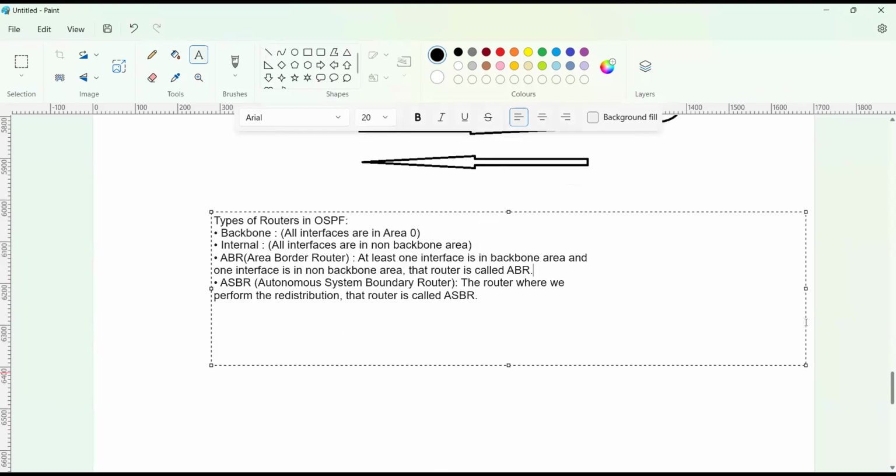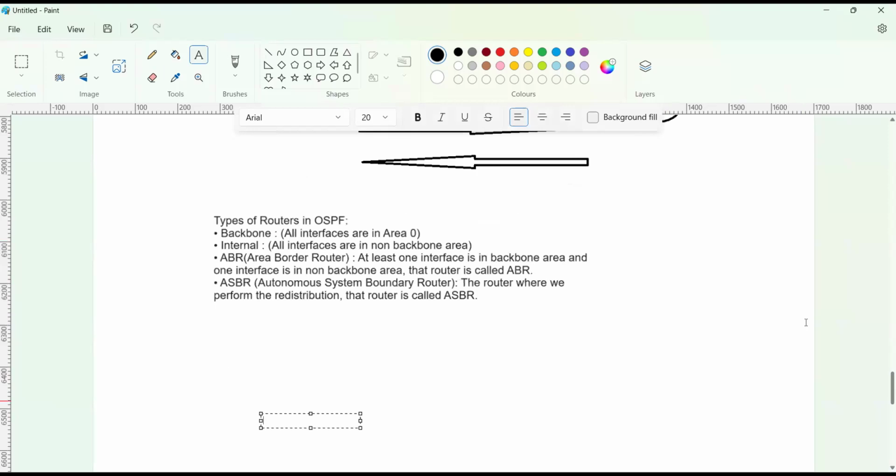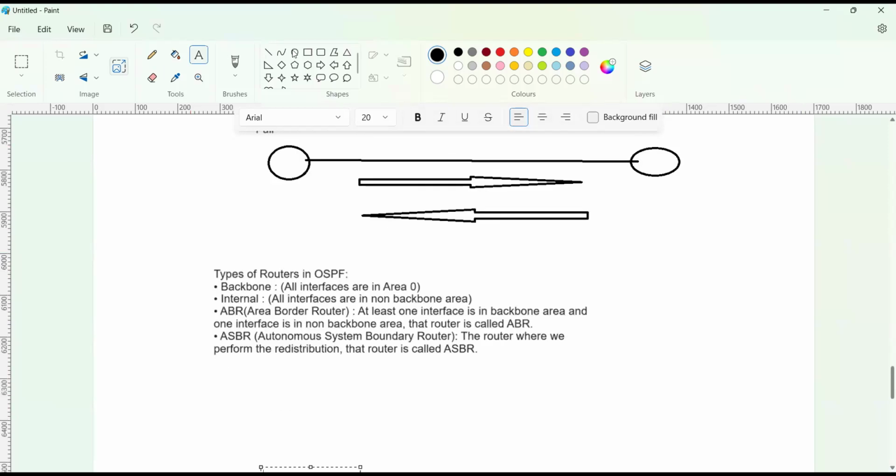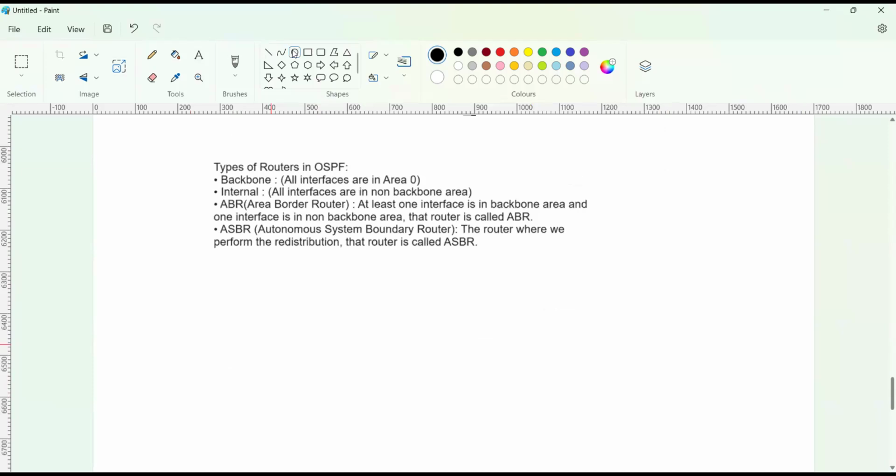What does that mean? We discussed area 0. Here we have the area concept, as I mentioned. These routers are connected likewise.